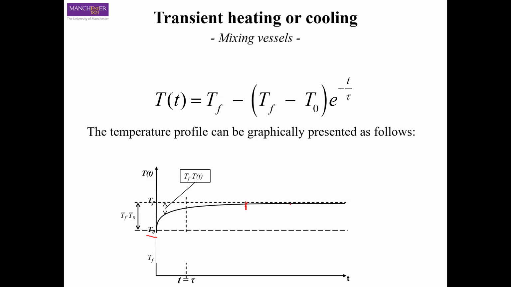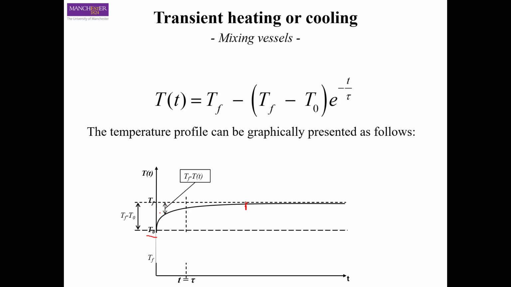So here, for example, let's say in 10 minutes we reach this temperature, while if we want the vessel fluid to reach the temperature of the heating fluid, we might need to give it infinite time, because as we move up in time, the driving force becomes less and less.